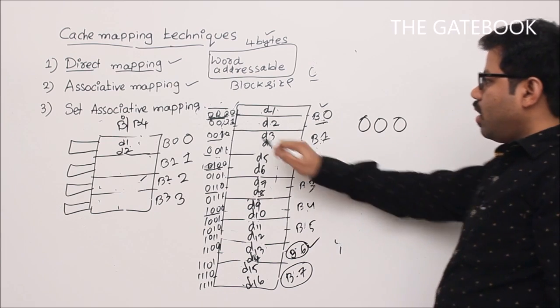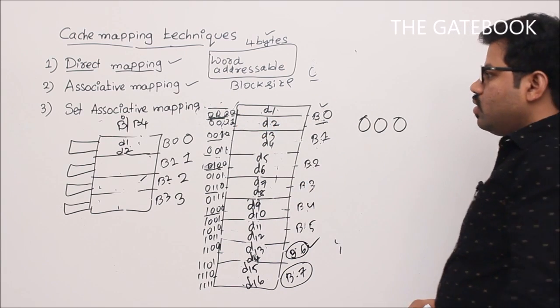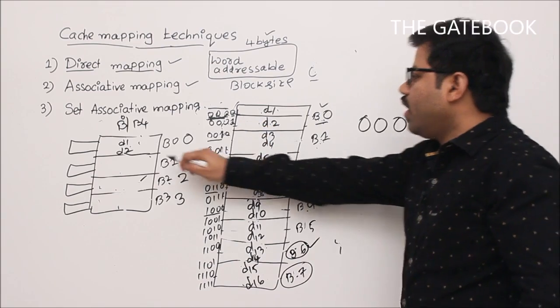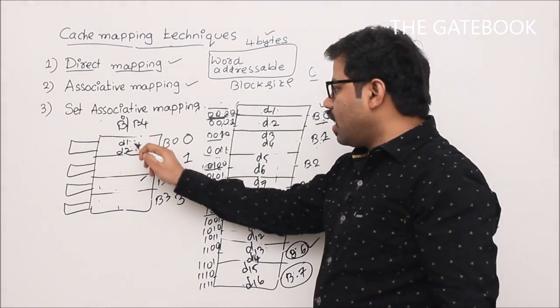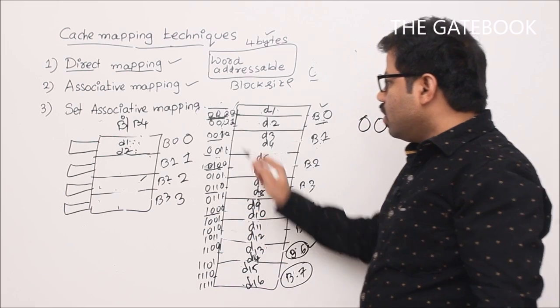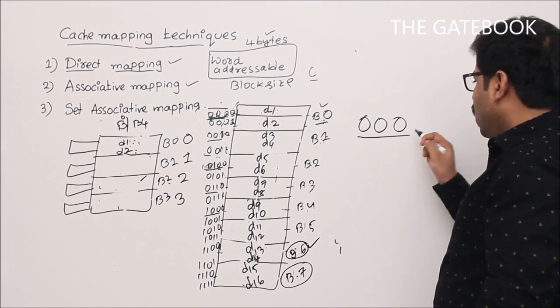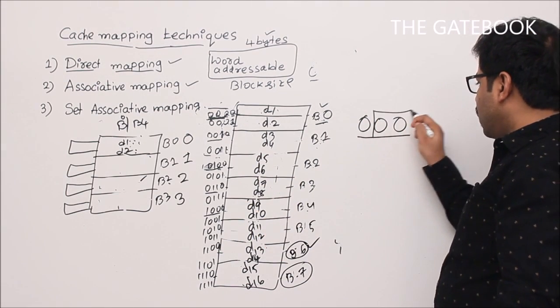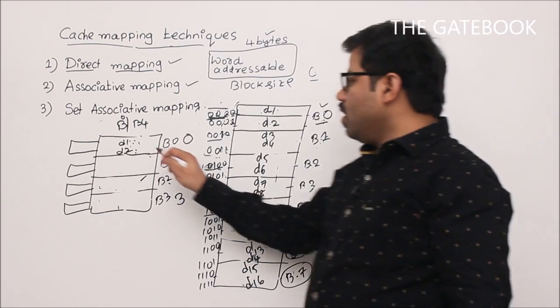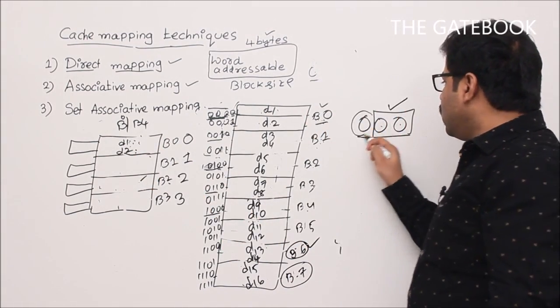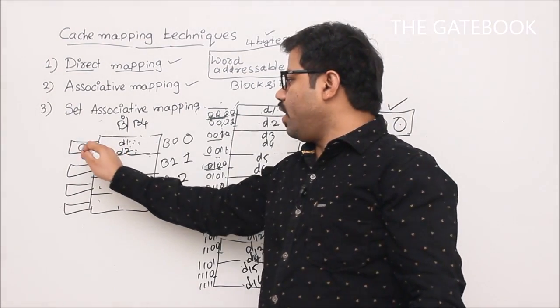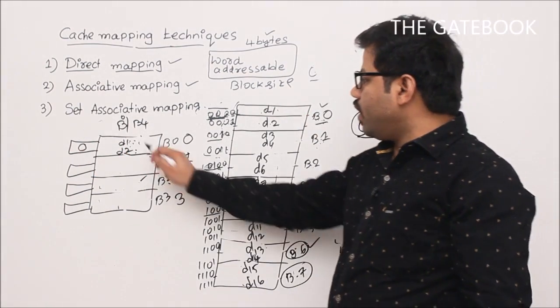Now we ignore this last part, 0 and 1, because that is only to differentiate the word offset. We are not worrying about the corresponding word; we are worrying about the remaining bits, 0 0 0. Since these 2 bits are 0 0, we keep it in block number 0 here. In that way we use them. This 0 I write here if the data stored is D1, D2.